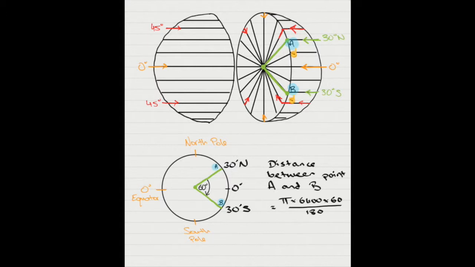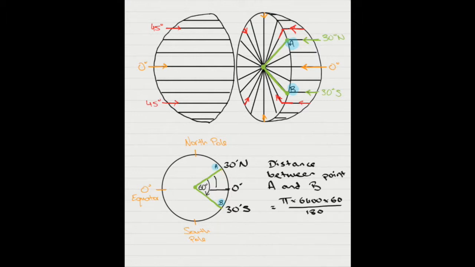The type of question that we would be asked in this kind of situation would be, what is the distance from point A to point B? How far away is point A from point B? So the only thing that we need to work out is basically the angle created between point A and point B. If we know that point A is 30 degrees north of the equator and point B is 30 degrees south, we can easily work out the angle in between.